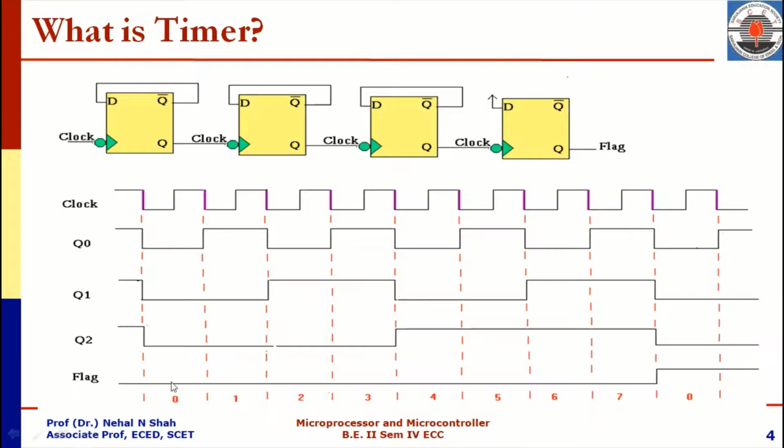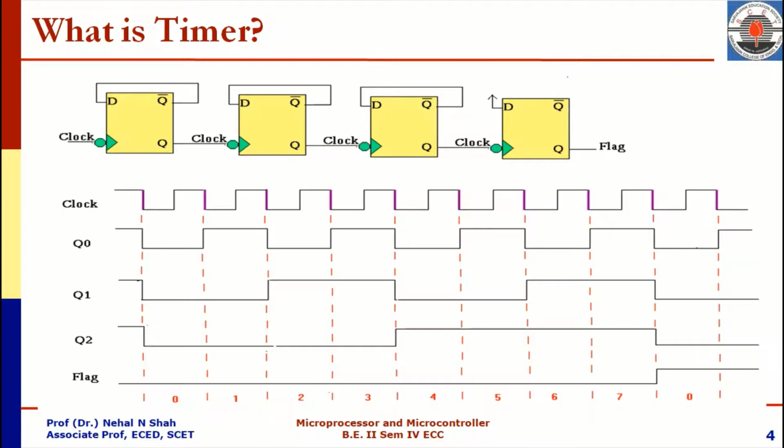For flag it is 2 raised to 4, that is, from original the frequency of flag is divided by 2 raised to 4, which is 16. So similarly for 8-bit timer, the final MSB can generate 2 raised to 8, that means it can be divided by 256.